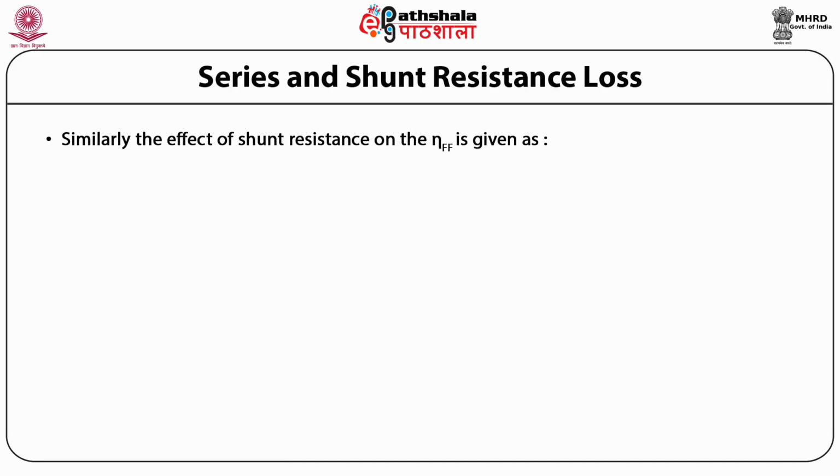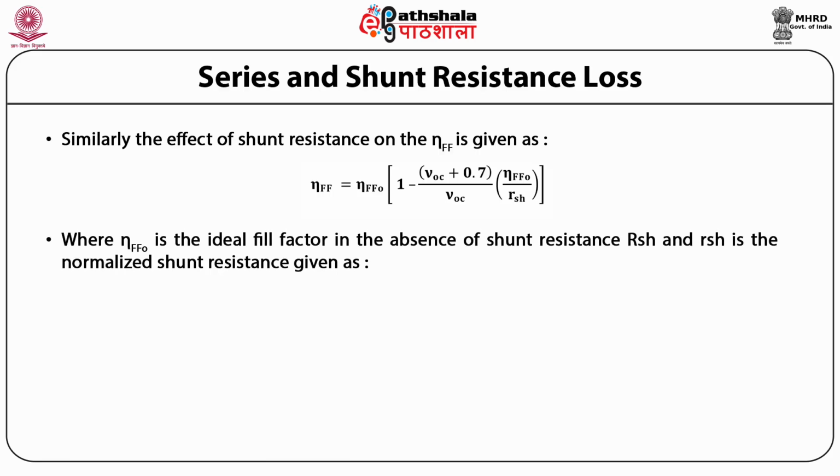Similarly, the effect of shunt resistance on the fill factor is given by eta FF is equal to eta FF naught multiplied by 1 minus (voc plus 0.7) divided by voc, this whole multiplied by eta FF naught divided by rsh, where eta FF naught is the ideal fill factor in the absence of the shunt resistance, and small rsh is the normalized shunt resistance, which is given by capital RSH divided by RCH.